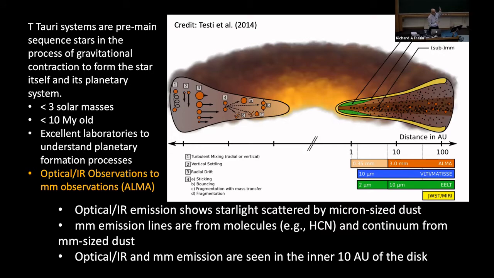So if you have a face-on protoplanetary disk, you'll be seeing the micron-sized dust grains close in to the star in the optical and IR. Whereas in the millimeter, you'll see stuff that's more in the middle of the disk and out to much larger distances.